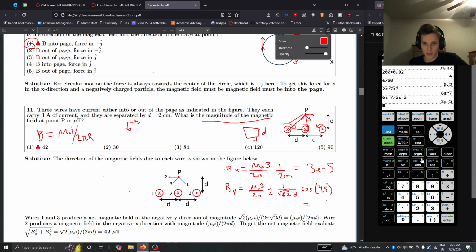And this is going to be, so it's this term times 2 times cosine of 45, or rather we can divide by root 2 and divide by d. Oh wait, we are given d. I didn't know why I thought we weren't given d. Surprise, surprise, it's actually the same exact number.